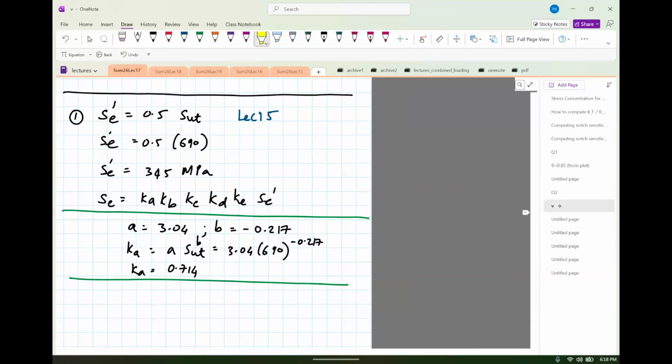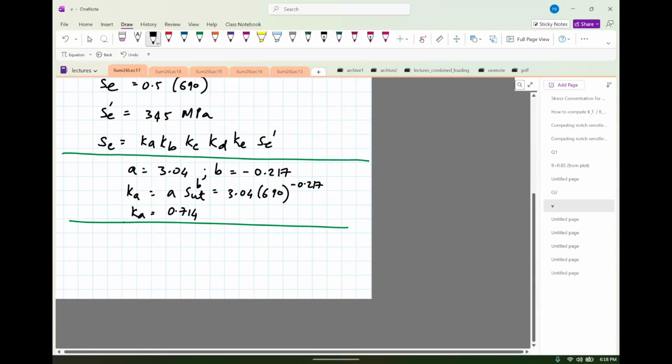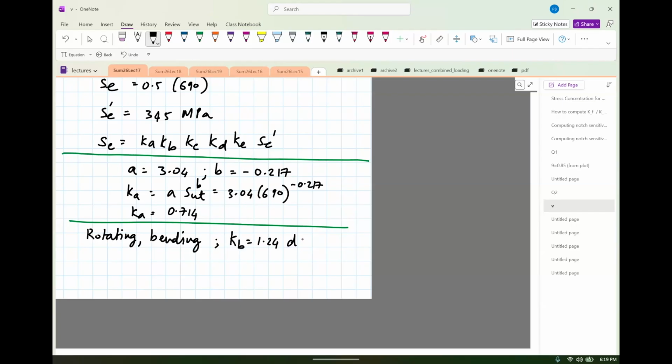So for the next part, we have rotating bending. The formula is Kb equals 1.24 d raised to minus 0.107. I think we've done this in the previous class.